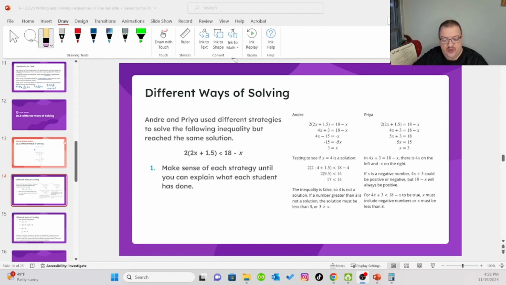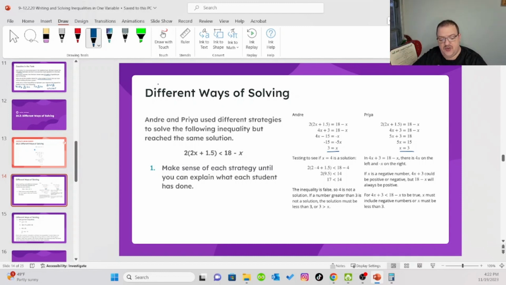So we see that they both worked the problem until they get 3 equals x. At this point, they both know where to put the point on their graph, but they don't know yet which direction to draw the arrow.